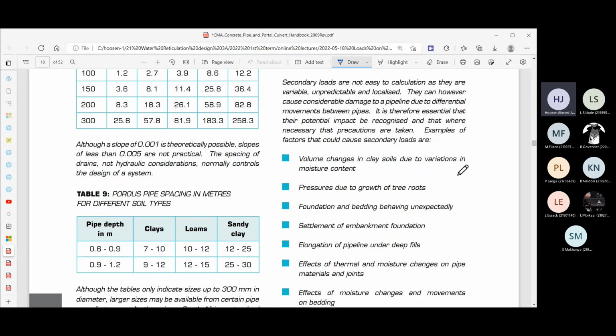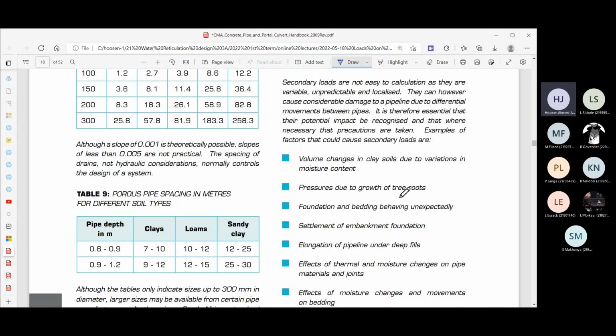Clay also, depending on the moisture content, may absorb water, or from time to time the water may dry out and then it shrinks. So you get these movements in the ground, and that would create loads in the pipeline. That would result in a loading on the pipeline due to the changes in the moisture content. Right? So again, that's because of the environment around that pipe.